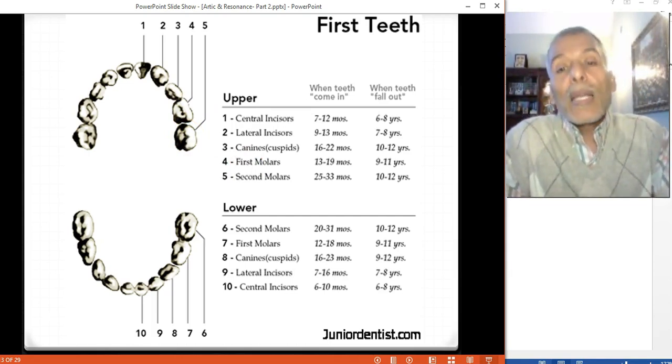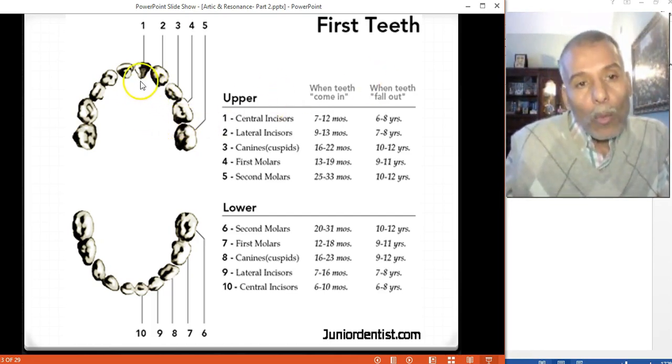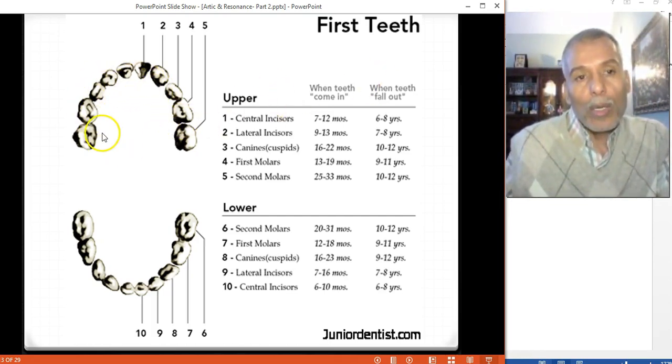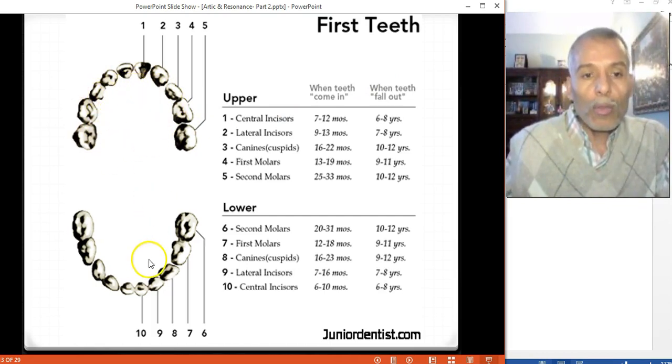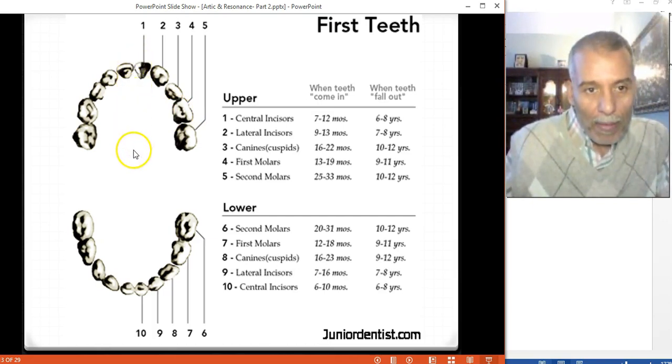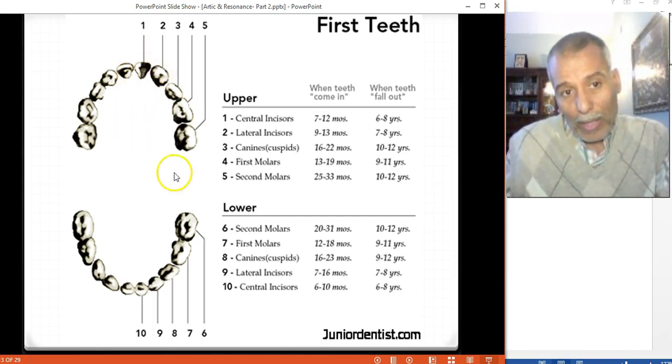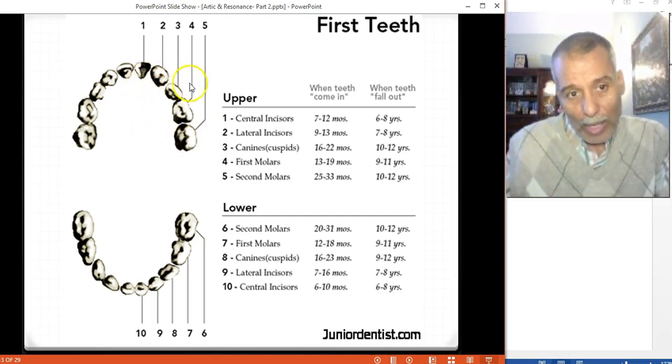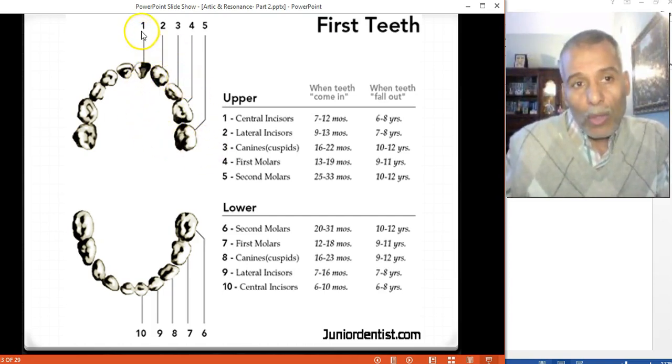Now it seems like this is a lot to know. However, it isn't really. Take the upper jaw or the lower jaw, let's take the upper one. You split it in half and look at that quarter, the right side. All you need to know is 1, 2, 3, 4, and 5.